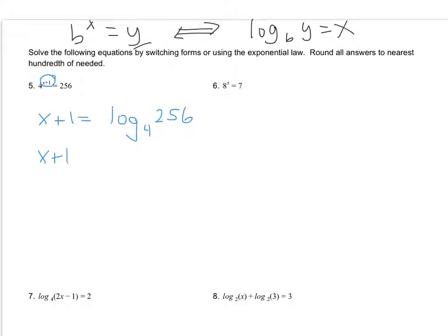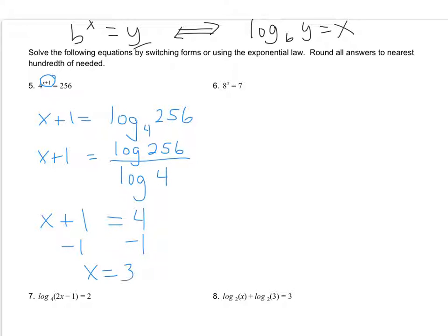Now I don't know what that number is, but if you recall how to put that in the calculator, this would be log 256 divided by log 4. So that is just going to turn out to be 4. So we have x plus 1 equal 4. I'll subtract 1, so x equals 3. So this conversion formula is very important, and also remembering how to put the logs in the calculator, very important.